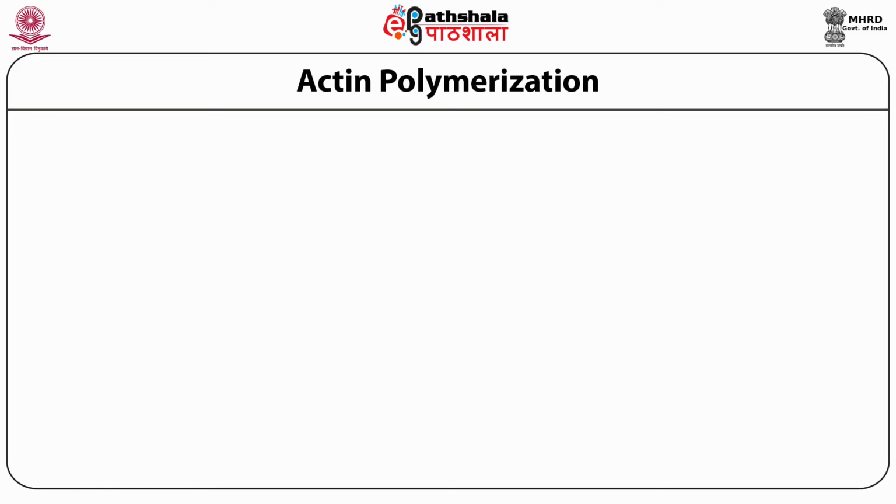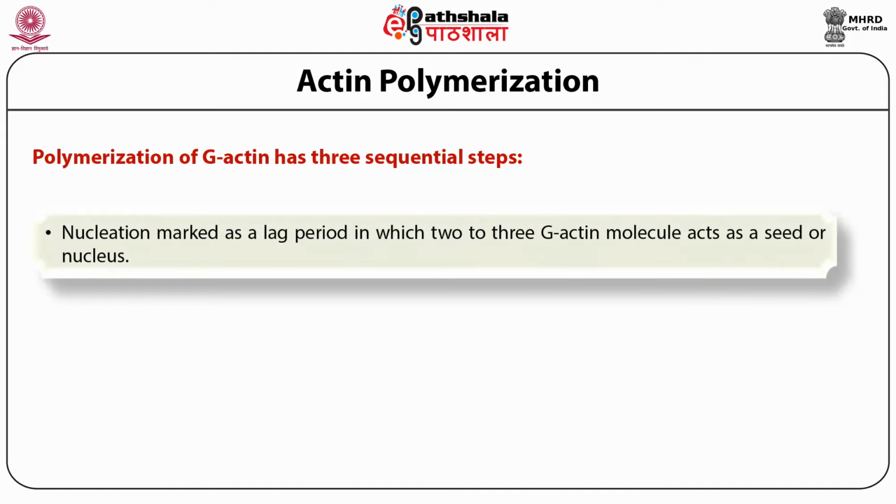Actin polymerization. Polymerization of G-actin has three sequential steps. First, it forms nucleation. Nucleation is marked as a lag period in which 2 to 3 G-actin molecules act as a seed or nucleus.